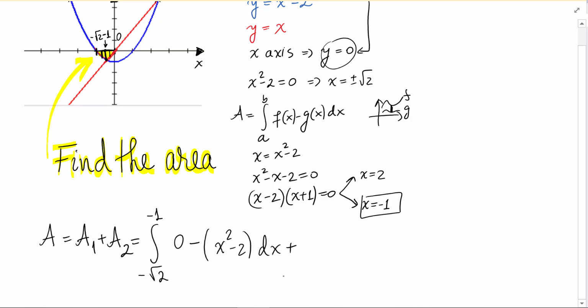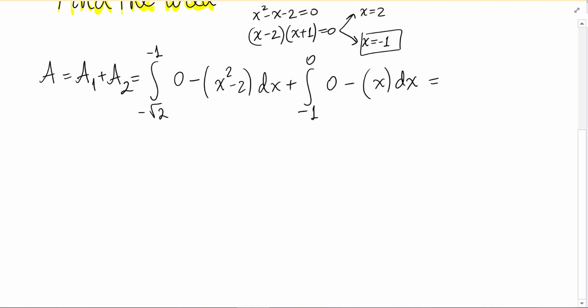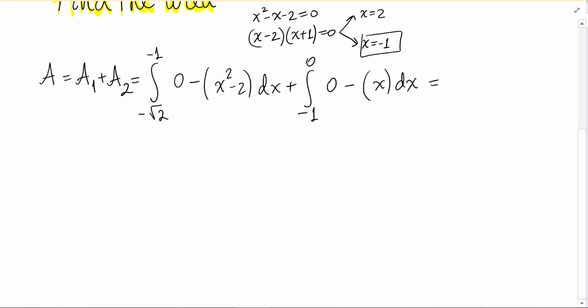Plus the second area, which goes from negative 1 to 0, and again the distance is from the x-axis, which is y equals 0, minus the red line, which is x, dx. So we set up the integrals and we can calculate them from here.